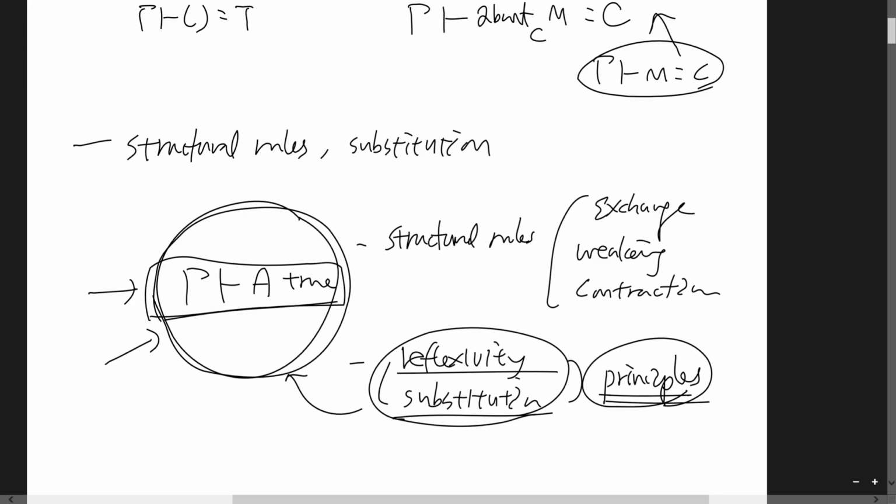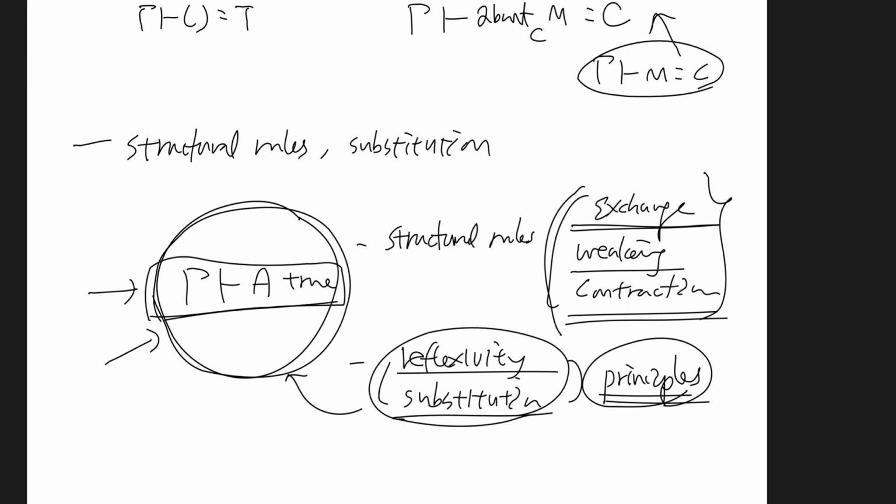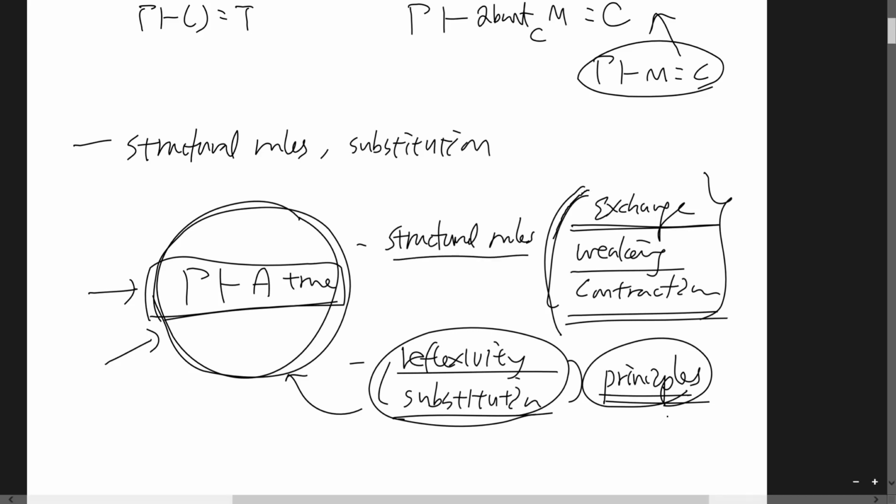On the other hand, for these structural rules, it's optional to choose this exchange property, for example. So in other words, you may or may not choose to include this exchange property or weakening property or contraction property. It's up to you. In the case of propositional logic, we decided to include all these three structural rules.